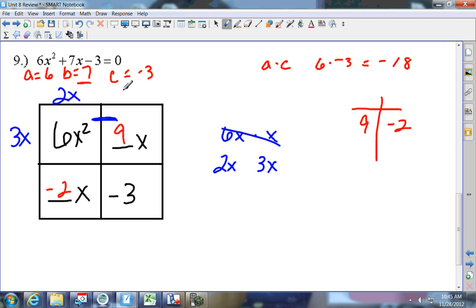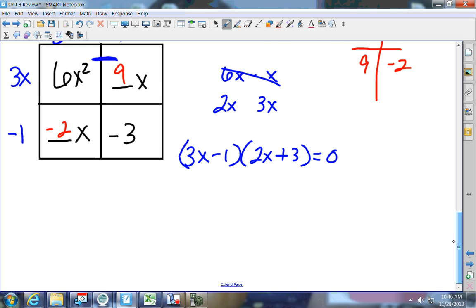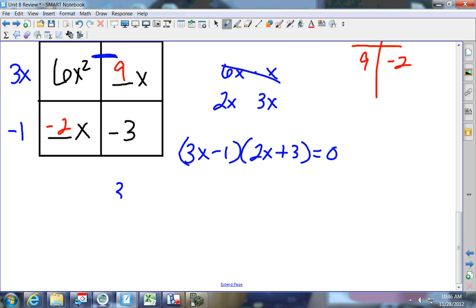3x times what is 9x? Plus 3. 2x times what is negative 2x? Negative 1. I get 3x minus 1 times 2x plus 3 equals 0. To find my solutions, set them equal to 0. On the first one, I add 1 to each side. 3x equals 1.